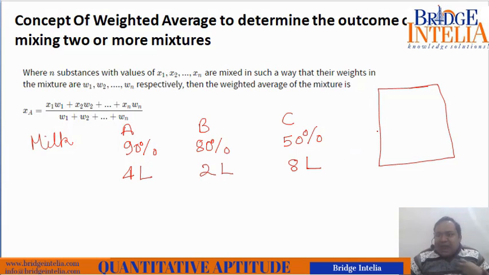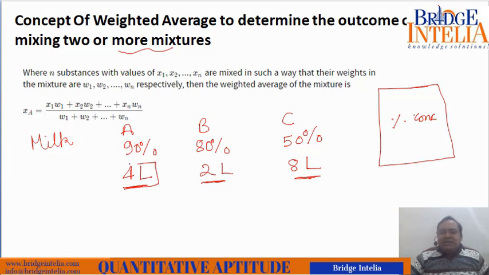Somebody might be interested in what the outcome was, that is, the percentage concentration of milk in the resultant. In such circumstances, we apply the concept of weighted average. There are two things, quantity and percentage concentration.